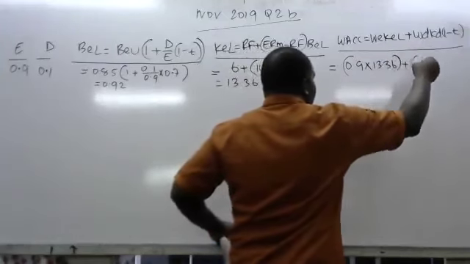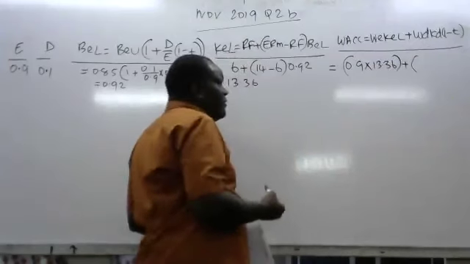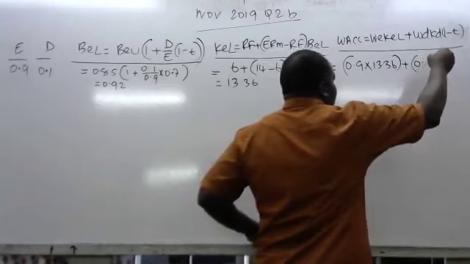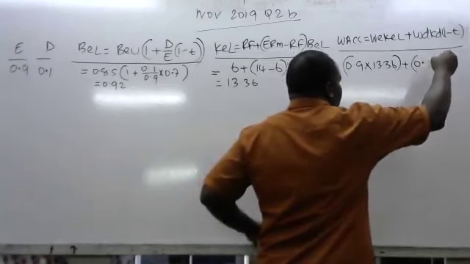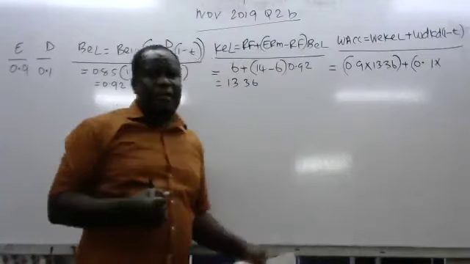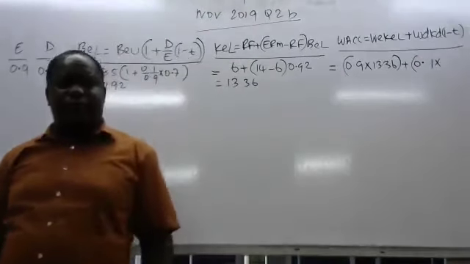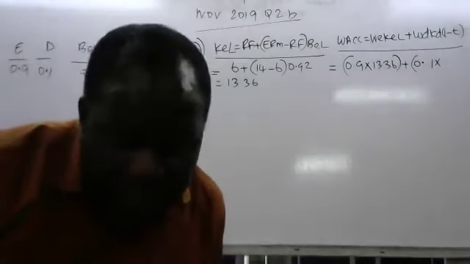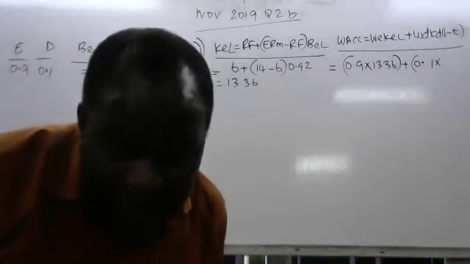Then we add the weight of the debt, it is 0.1, multiplied by KD. KD is the pre-tax cost of the debt. KD is meant to be the pre-tax cost of the debt.